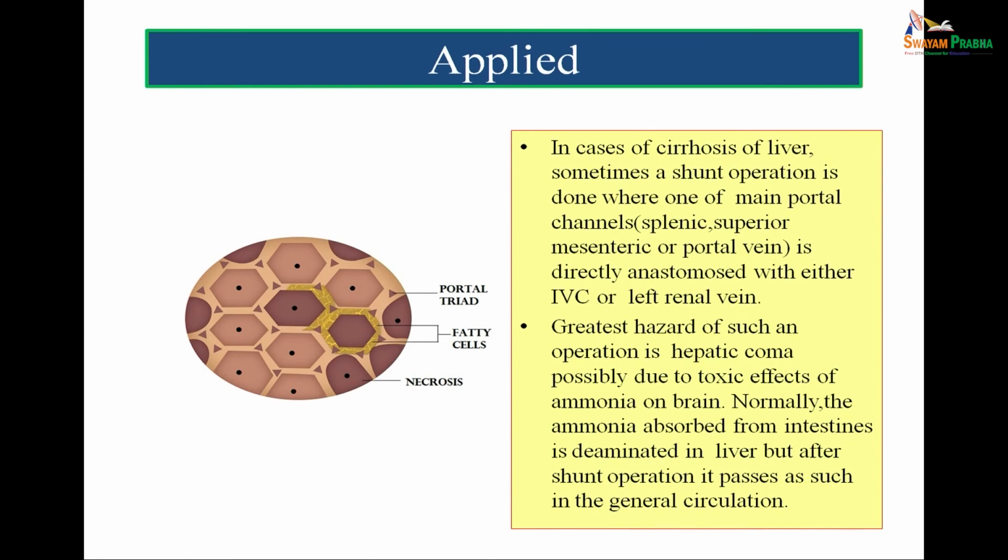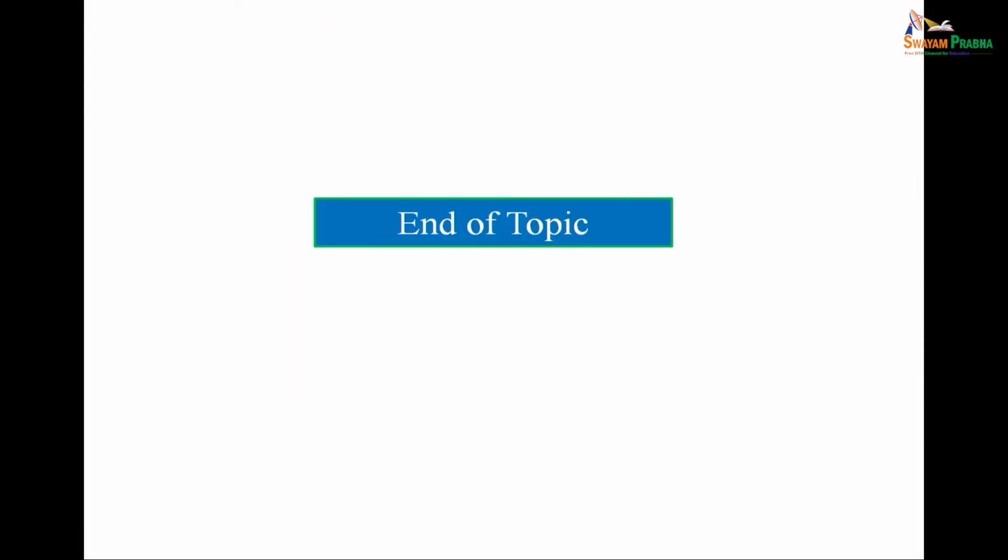Normally the ammonia absorbed from the intestines is deaminated in the liver, but after the shunt operation it passes as such into the general circulation. So what I told you today were the clinical manifestations and the etiopathogenesis of portal hypertension. A thorough understanding of this concept is required to be aware of the clinical manifestations and provide adequate and timely treatment.